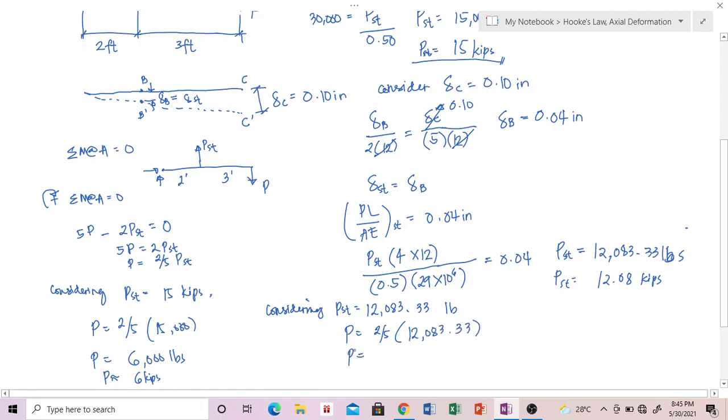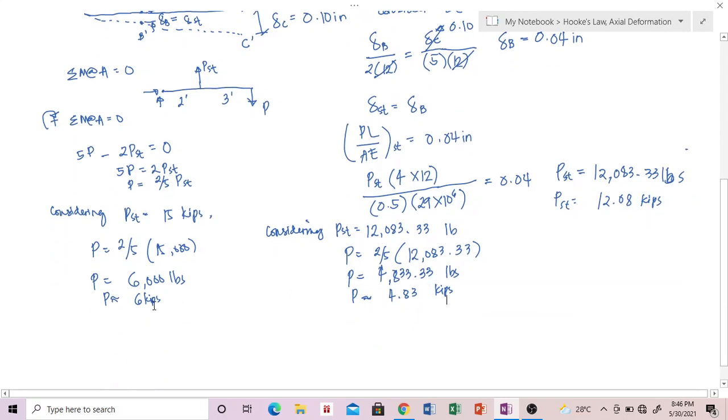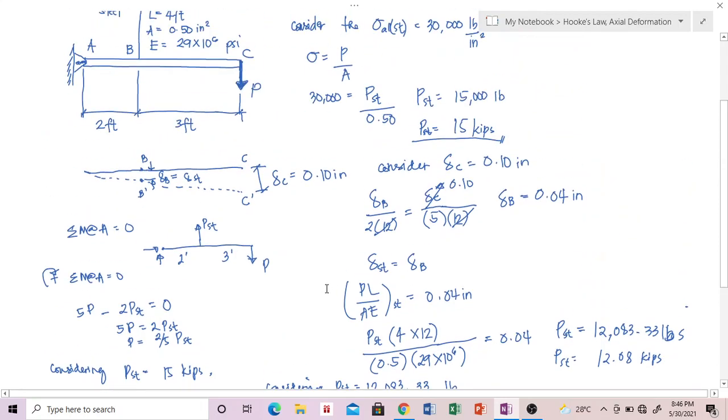So, P now will be equal to 4,833.33 pounds, or 4.83 kips. Okay, between the two results of P, we have 6 kips and 4.83 kips.